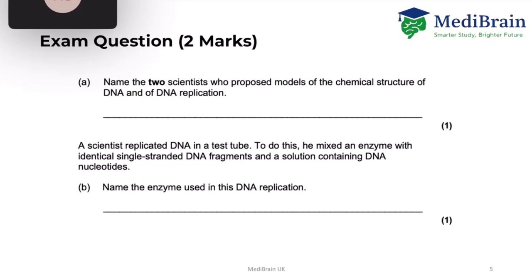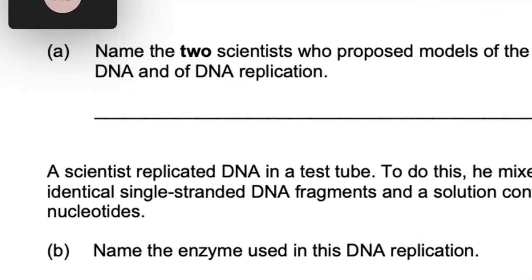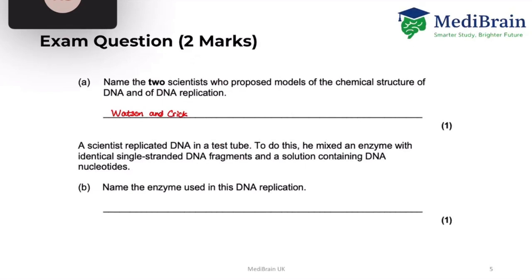The question says, name the 2 scientists who proposed models of the chemical structure of DNA and DNA replication. Well, I've just stated this. It is Watson and Crick. Watson and Crick were the 2 scientists who proposed the models of the chemical structure of DNA and DNA replication.